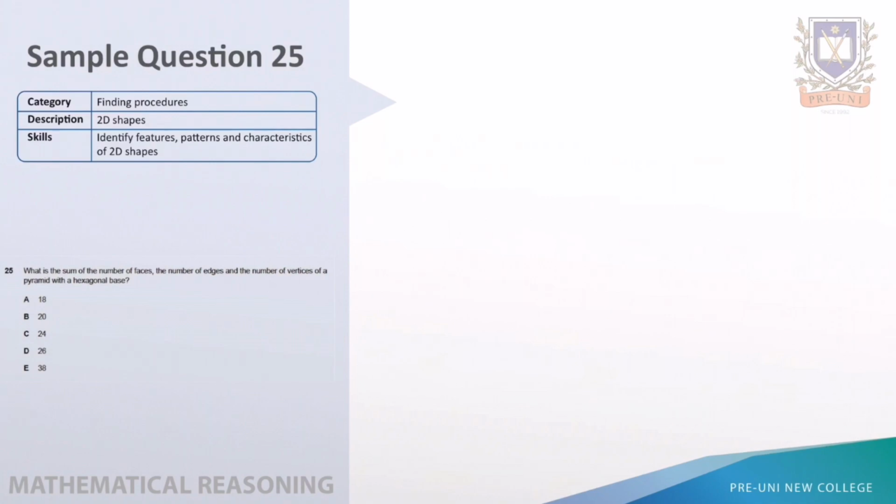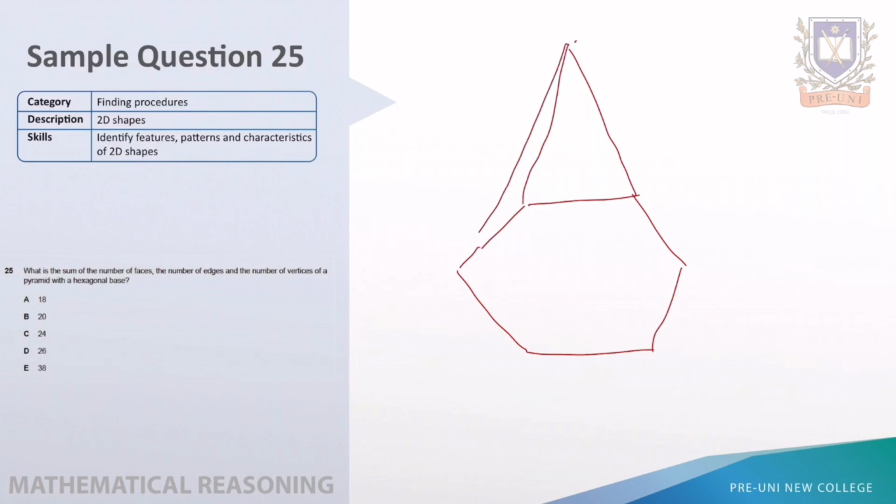So one way we can solve this is to actually draw the shape. So a hexagonal base and then the sides of the pyramid.